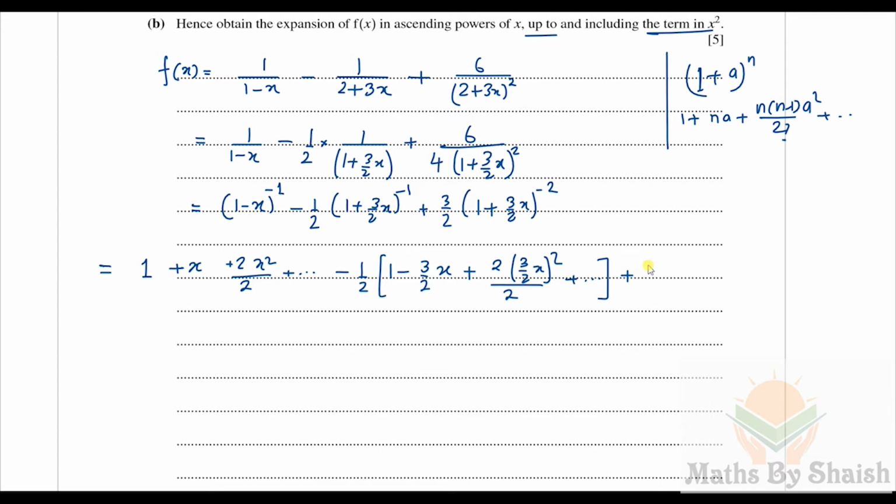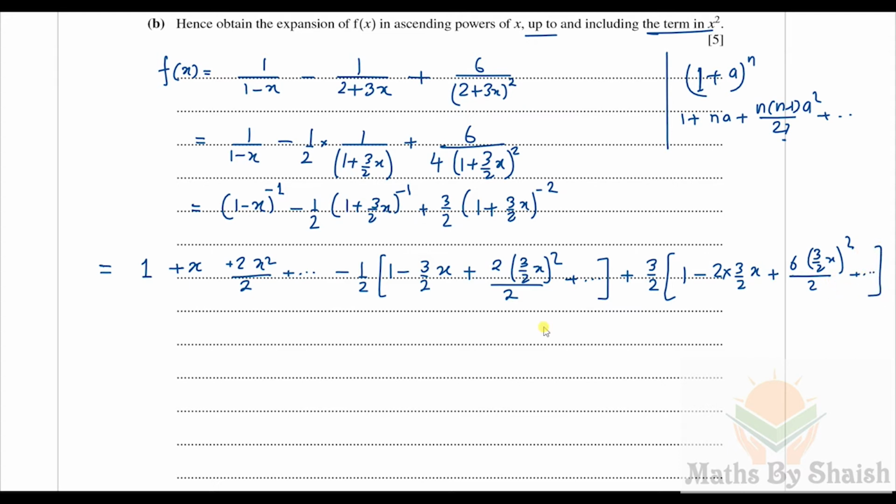And the last one is 3 by 2, and it is 1 plus n a, that is minus 2 into 3 by 2 x, and plus minus 2 into minus 2 minus 1, that is plus 6. So plus 6 and (3 by 2 x) whole square, divided by 2 factorial, that is 2, and so on.